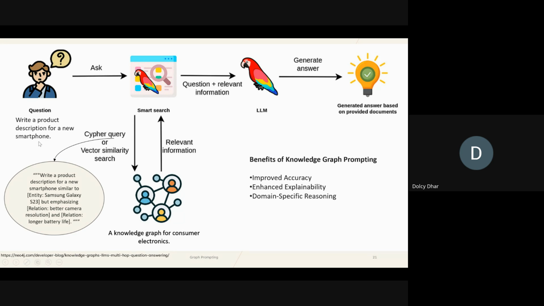If your query vector representation is closer to any of the chunks in the knowledge graph, then those chunks will be pulled up as relevant information. But the other types of techniques would look at other properties of these chunks to match relevant information.